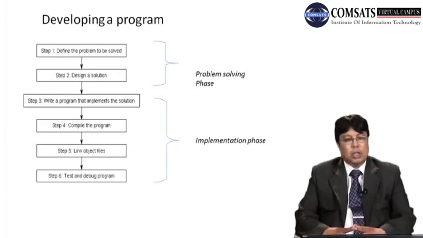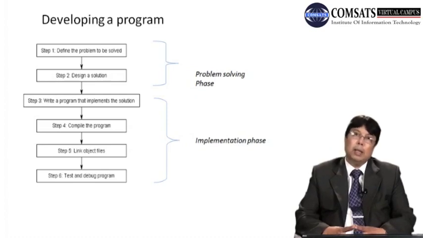Implementation phase, step number 3, write a program that implements the solution. Step number 4, compiling the program. Step number 5, link object files. What is that? I will explain to you. Step number 6, test and debug the program.